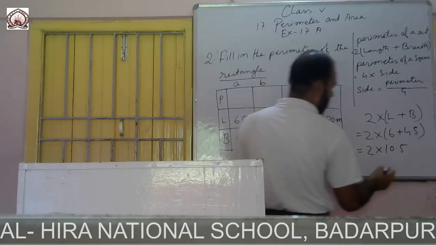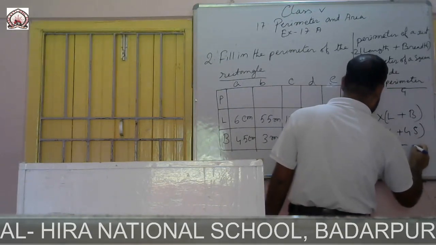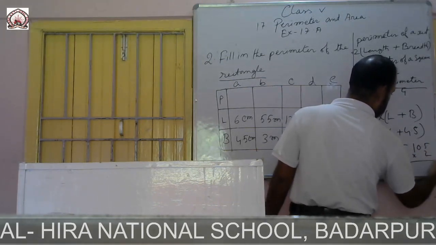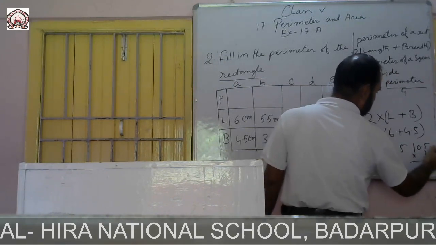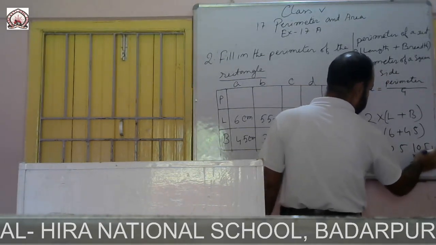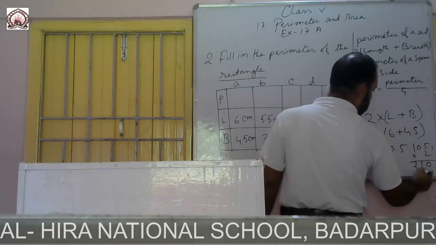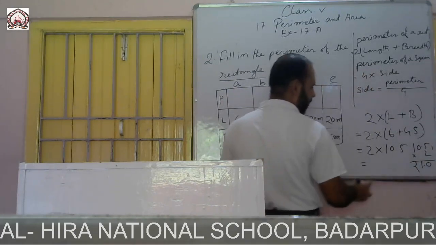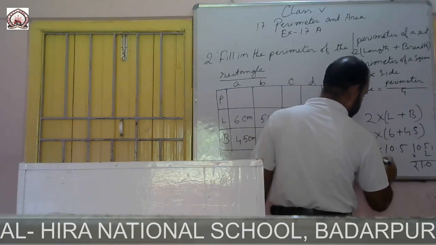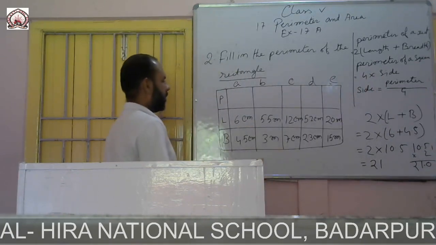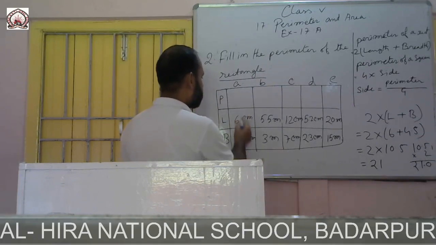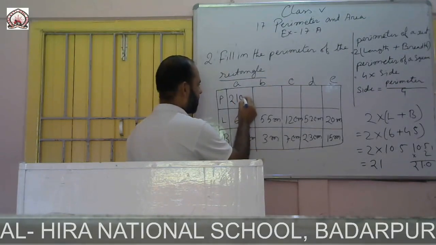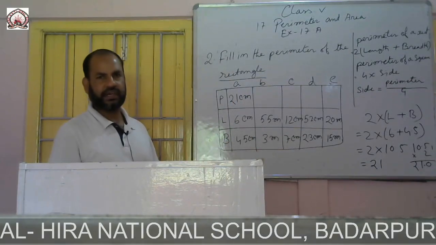Now we do multiply. 10.5 into 2. 2 5 jar 10, 0, 1 in my hand, 2 0 jar 0, 1 in my hand, 1, 2 1 is 2. So point is there, we give point. After point 0 is valueless. So here is only 21. So the perimeter of this rectangle is equal to 21 centimeter.